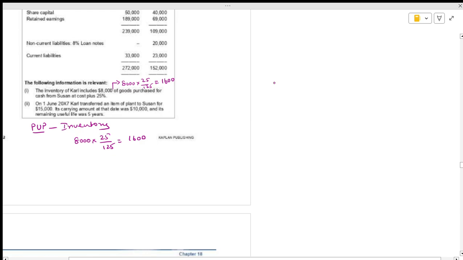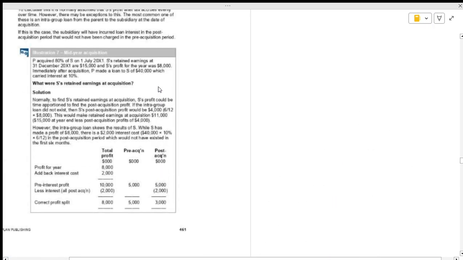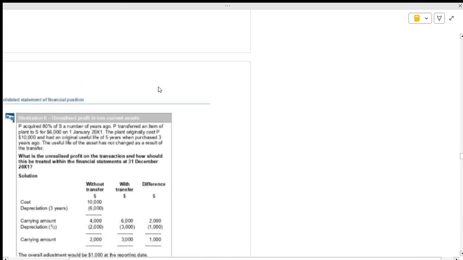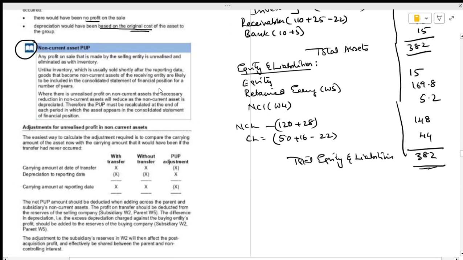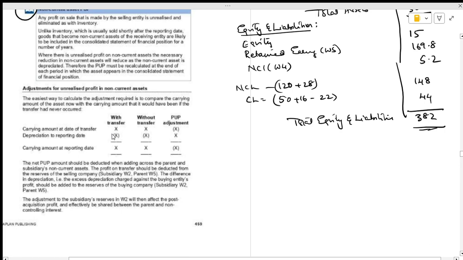Next, portion of unrealized profit with respect to non-current assets also. They have said an item of plant has been sold for 15,000. They have given a structure here: with transfer, without transfer, depreciation, portion of unrealized profit.